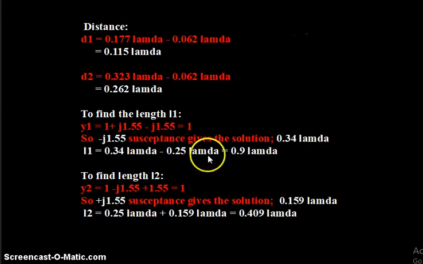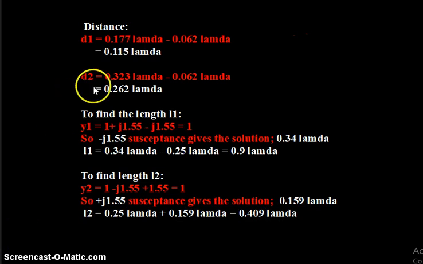So we are subtracting 0.25 lambda, equal to 0.09 lambda. Then L2 equal to 0.25 lambda plus 0.159 lambda, that is equal to 0.409 lambda, because instead of the starting point 0, we are having 0.25 lambda. So we have to add 0.25 lambda plus 0.159 lambda equal to 0.409 lambda.